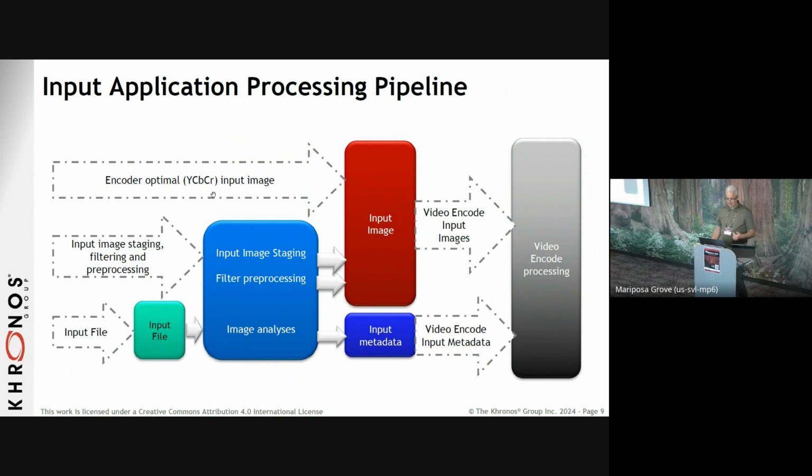Now, let's say your input does not support linear inputs, but you need to feed images from, let's say, a file, or from other frameworks which are not quite compatible with Vulkan images. Then in those cases, you need to stage your images.